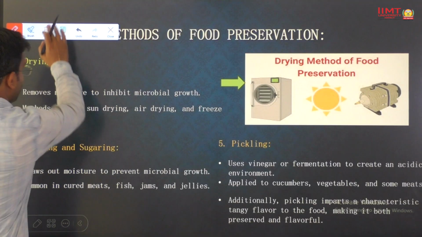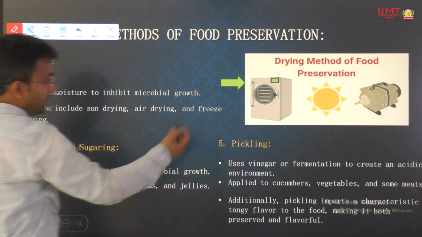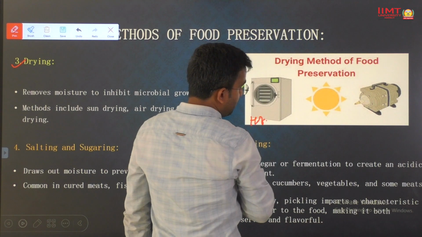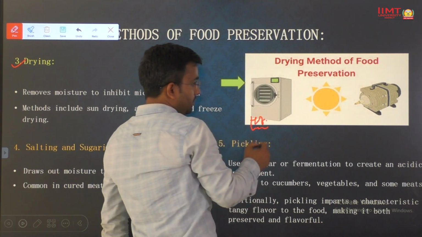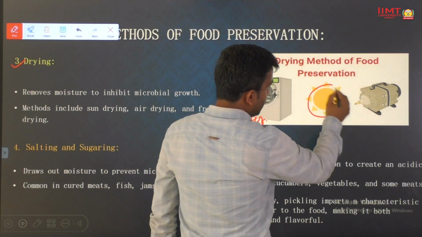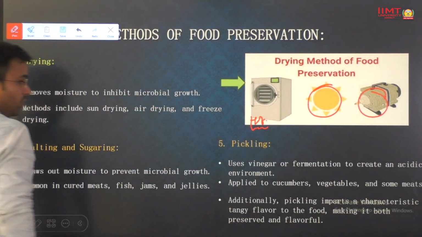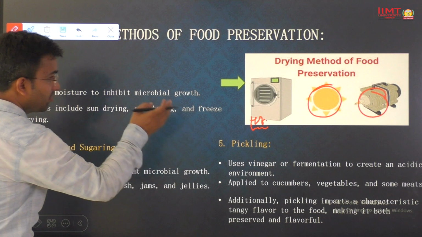We know about drying with a hot air oven, vacuum dry and so on. Here is sun dry, and this is a vacuum dry. So for food items that require drying, we apply the drying method using the instrument.